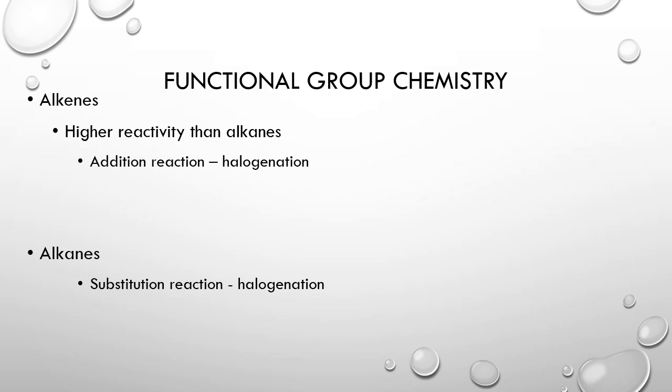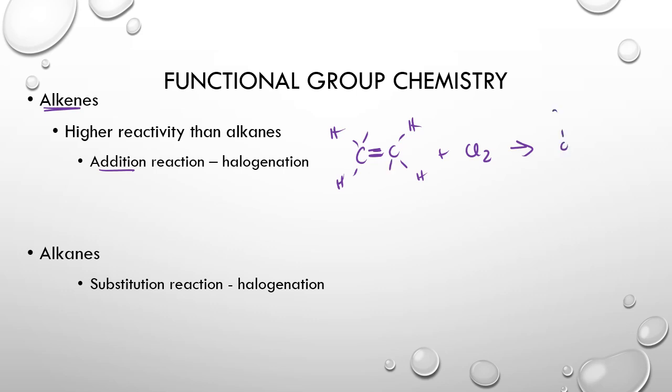Addition reactions are different from substitution reactions. So alkenes, we have addition reactions. Let's say we go back to ethene. If I add chlorine, we're going to break that double bond and those chlorines are just going to add themselves to the molecule.